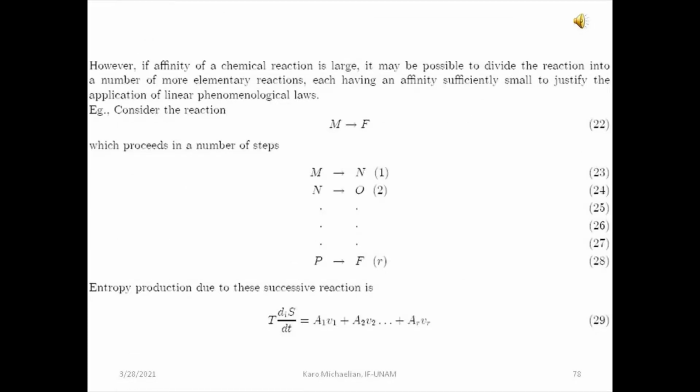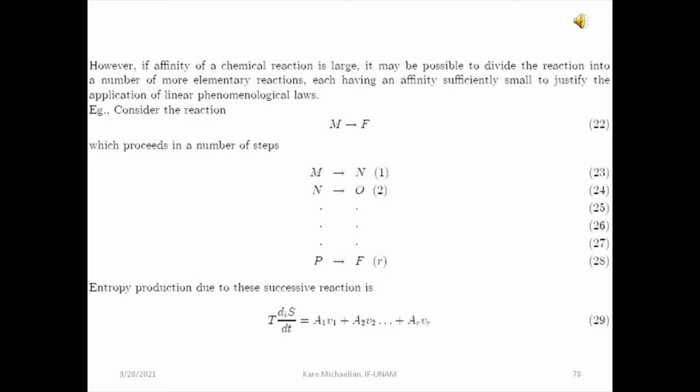So we have seen that for the case of a chemical reaction occurring close to equilibrium, we do have a linear phenomenological law between the rate of the reaction and the force, which is just the affinity over the temperature. But if we have a very large affinity, for example at the beginning of the reaction, then we no longer have this linear phenomenological law. What we have is that the rate of the reaction becomes a constant value. So it's not proportional to the force, which is the affinity over the temperature.